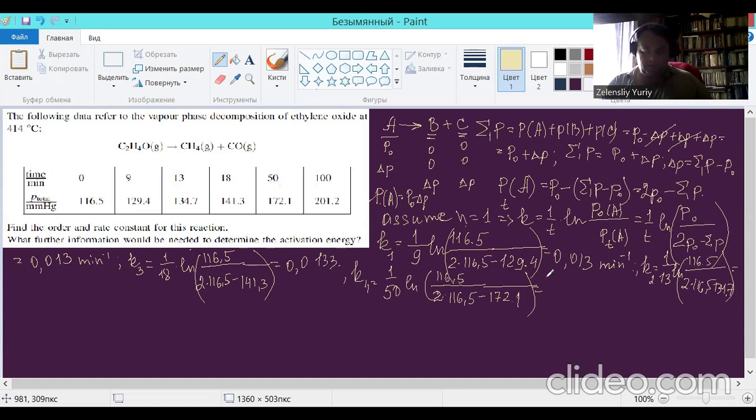Now we divide by 50, so we got, oh gosh, something is wrong. One second, please. 0.5, okay. So we divide it.